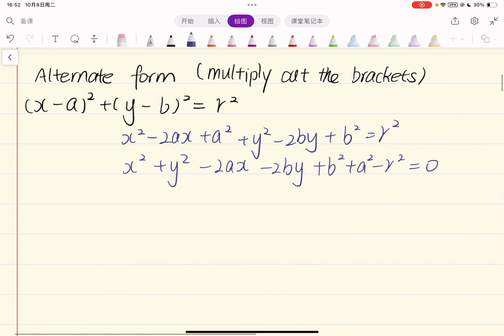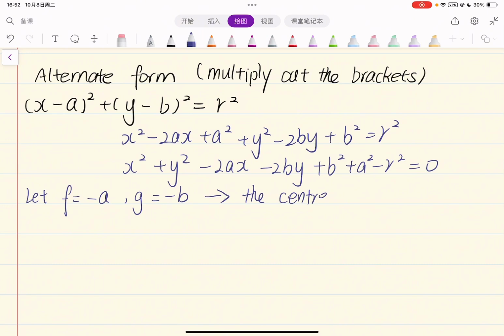Now, let f equal minus a and g equal minus b. It also shows that the center is minus f, minus g.